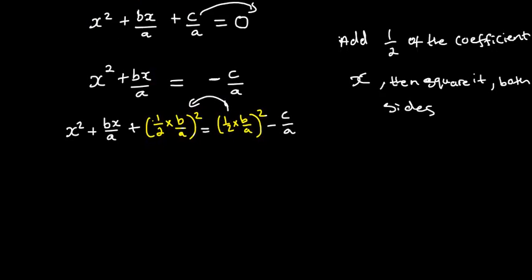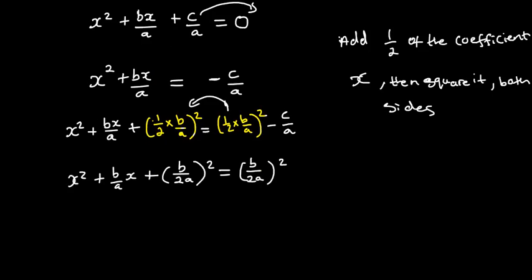Then afterwards, obviously you get your result, x squared plus b over a x, plus b over 2a squared, which equals b over 2a squared minus c over a.